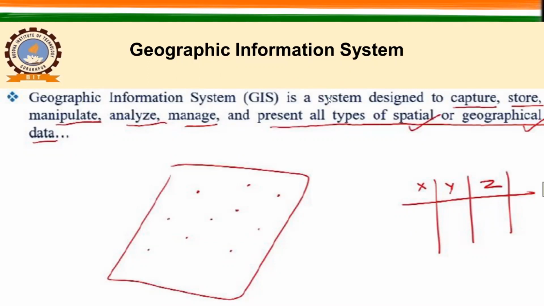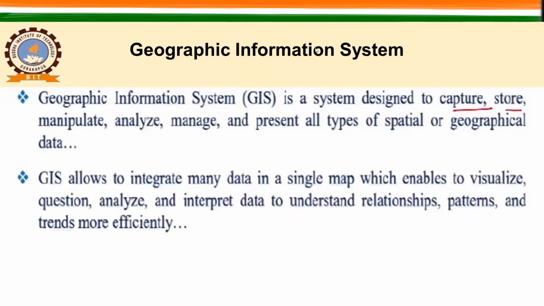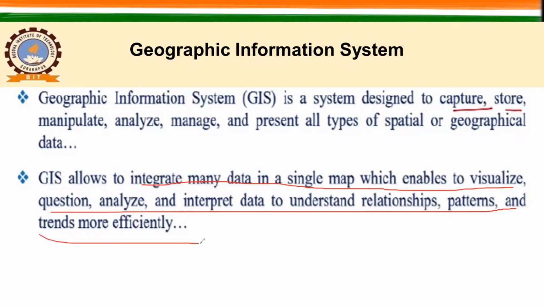At the same time, GIS allows us to integrate many data in a single map, which enables us to visualize, question, analyze, and interpret the data to understand the relationships, patterns, and trends more efficiently.